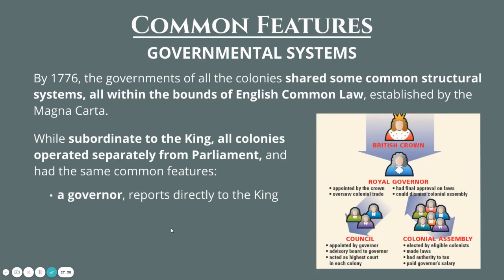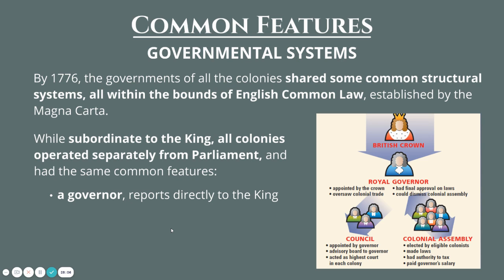The first thing that unites all of these colonies is that they have a governor. This governor, whether he's been appointed by the crown or effectively elected by people within their charter, and that's something for another conversation, the differences of different styles of colonies, royal colonies, charter colonies, etc. Regardless of their type, all of these colonies have a governor.